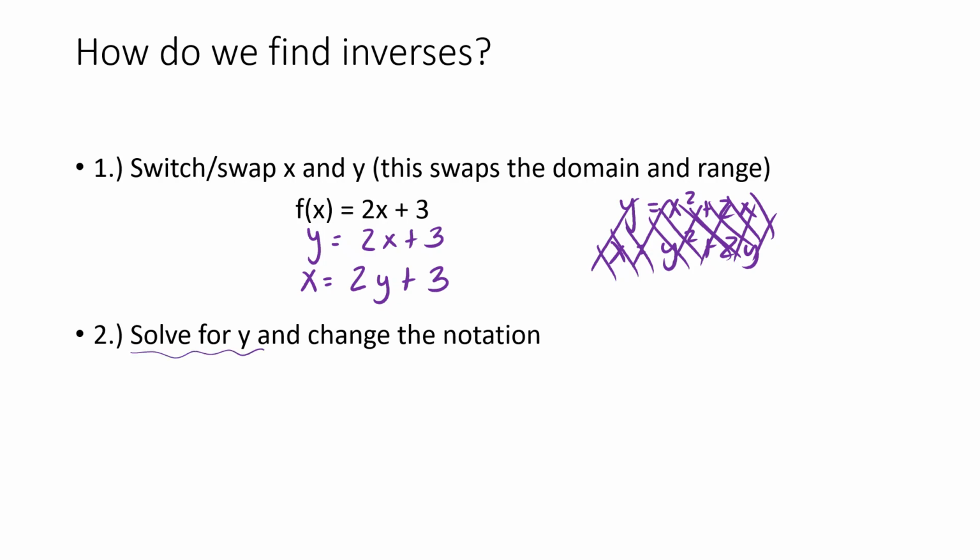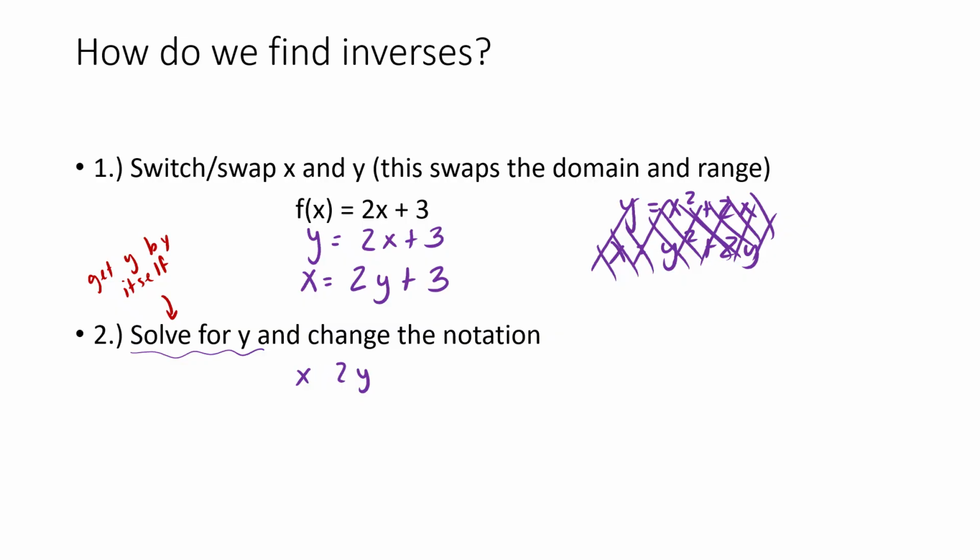And if you don't remember what that verbiage means, that means get the y by itself. Okay, and change the notation. So we want to make sure that once we get the y by itself, that we are changing it to appropriate inverse notation.